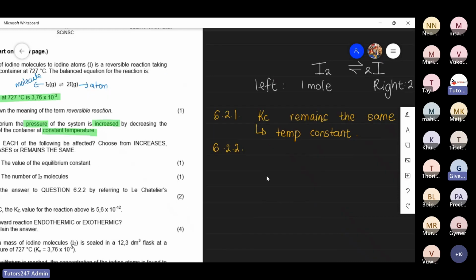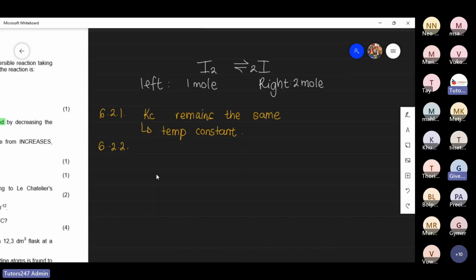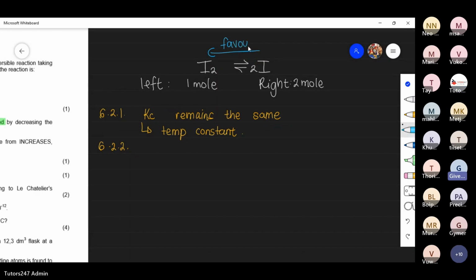So we've previously stated, because pressure has increased, that means that our reverse reaction is going to be favored, because that is the reaction that tends to the fewer number of moles. So we are going to favor the reverse reaction.